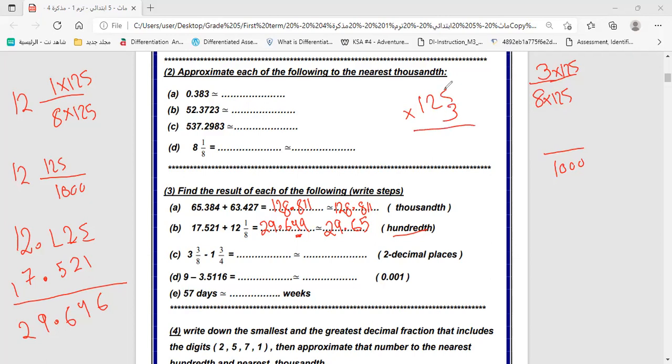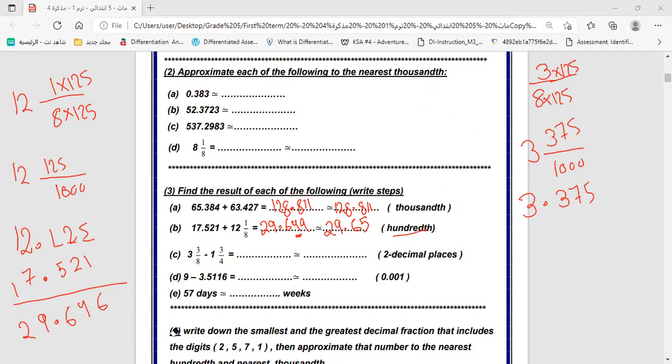It will be like that. 3 times 5, 15. 5 and carry up 1. 3 by 2, 6 plus 1, 7. 3 by 1 is 3. Okay. To write it as a decimal, we will write it like that. Don't forget the whole number. 3.375. Great.